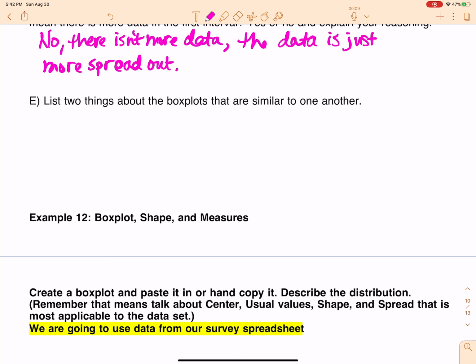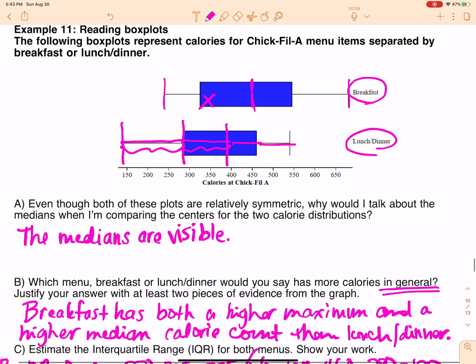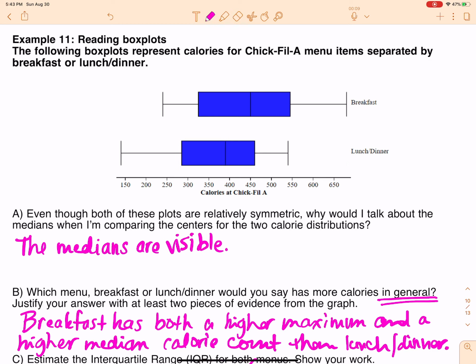List two things about the box plots that are similar to one another. This is something that a lot of students tend to struggle with, so pay attention. I know that there's some overlap, so it's a little difficult to understand, but this box plot is almost the same length as this box plot.